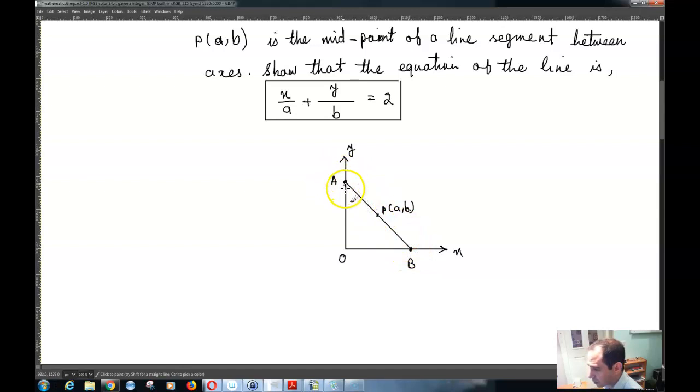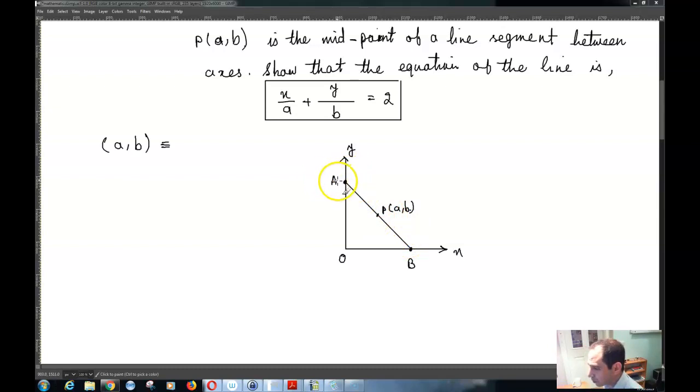So you can use the midpoint formula: the coordinates of this point a comma b are the same as the midpoint of the coordinates of these 2 points.